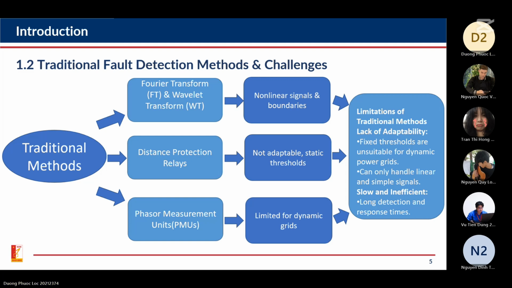They are primarily designed for simple linear signals, and they are slow and inefficient too. Therefore, detection and response times are often long, leading to delays in system recovery and potential cascading faults.